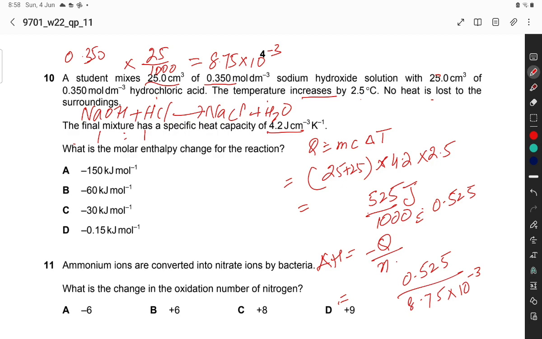So B is the right answer. Minus 60 kilojoule mole inverse 1.